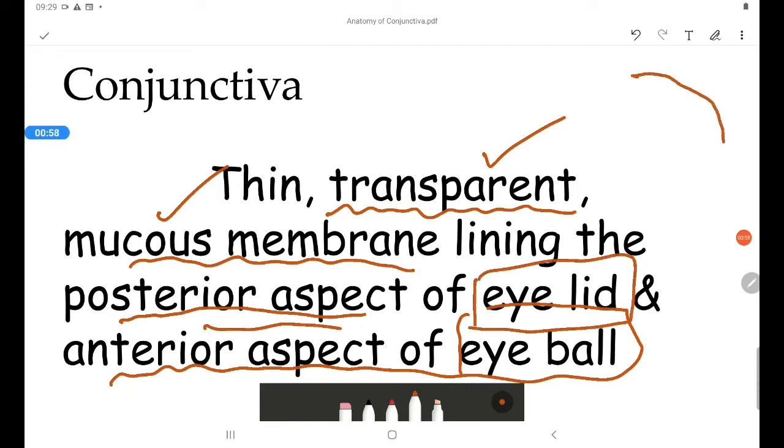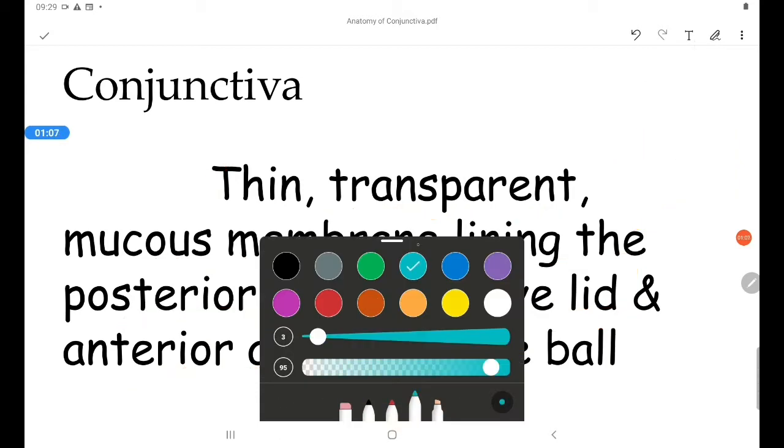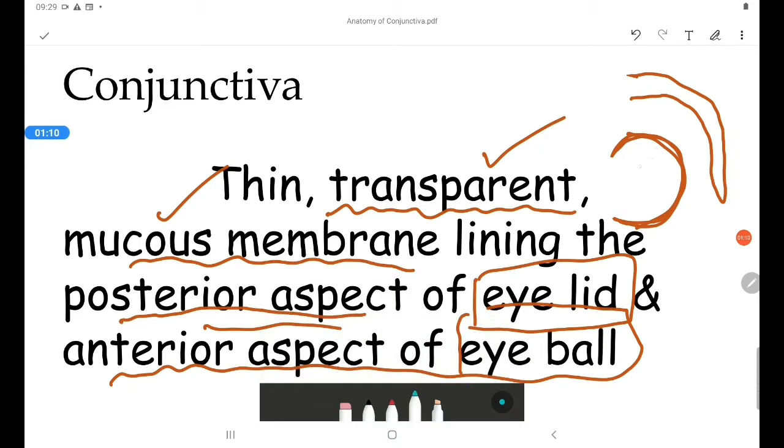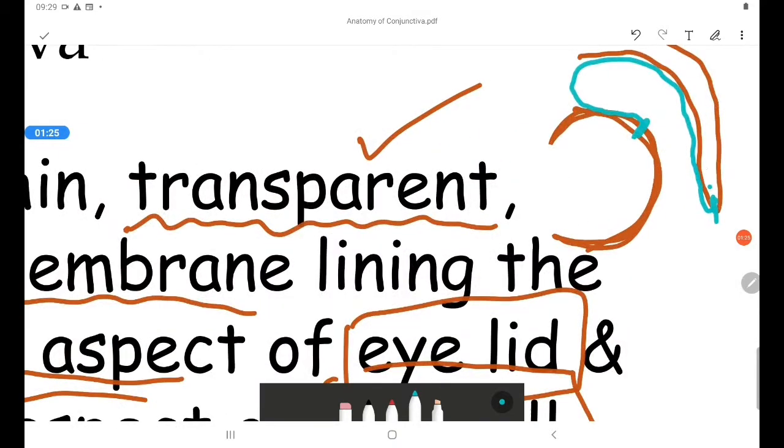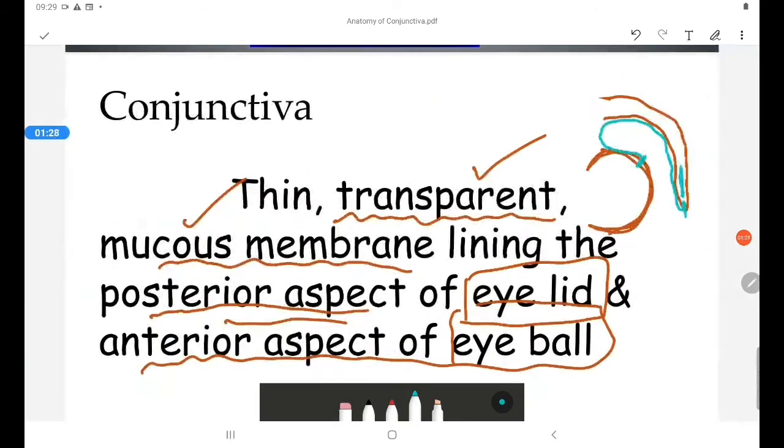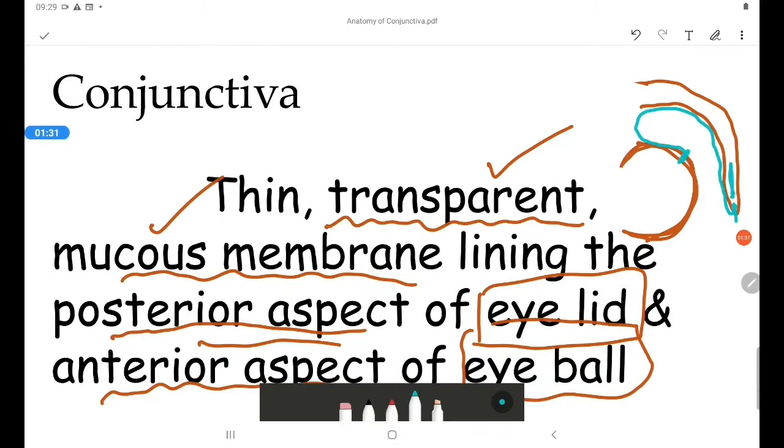So if you have the eyelid coming down like this, and the eye globe this way, you should know that conjunctiva is a structure that starts from the limbus, goes all the way to the fornix, folds up and goes to the posterior aspect of the lid, ending at the opening of the Meibomian gland, which we have already discussed. And please don't forget, you have a lower lid as well, so it is also covering the posterior aspect of the lid.